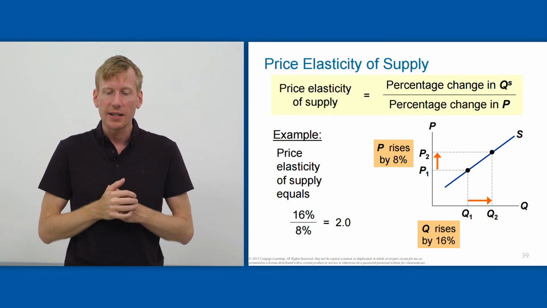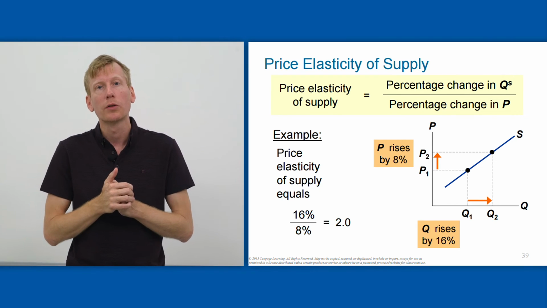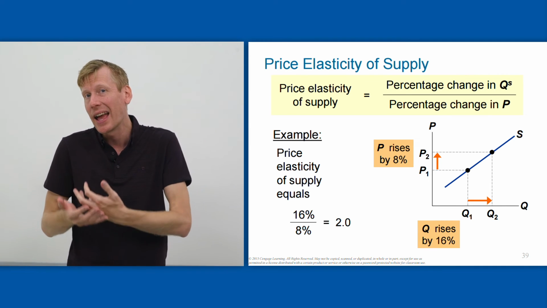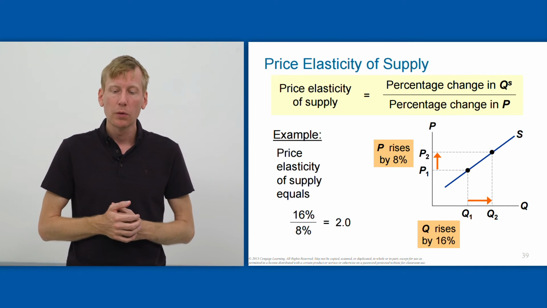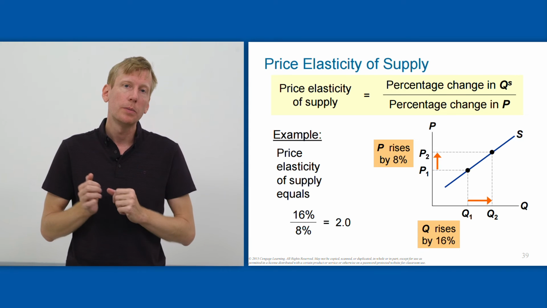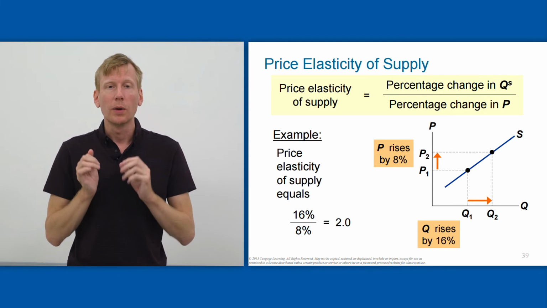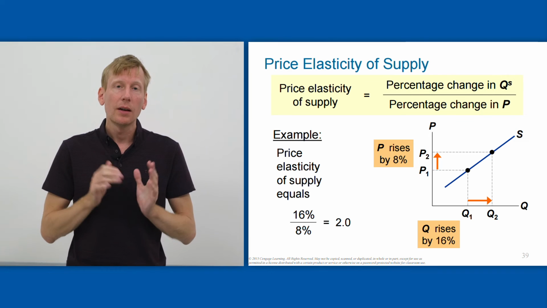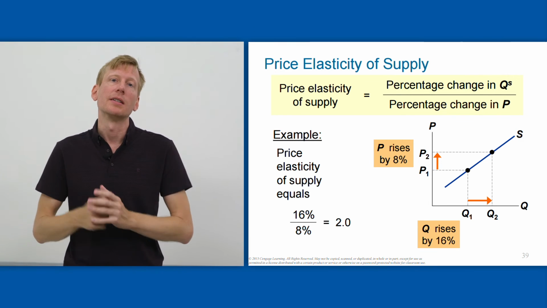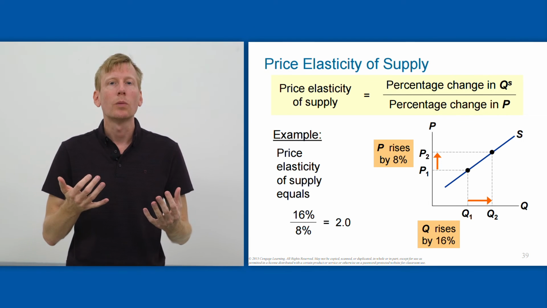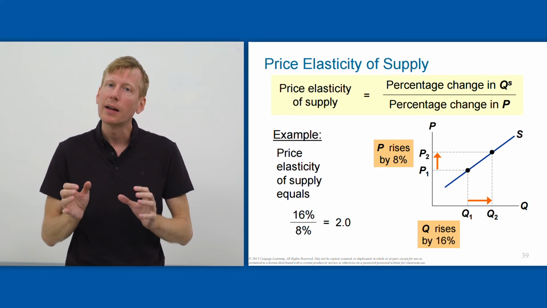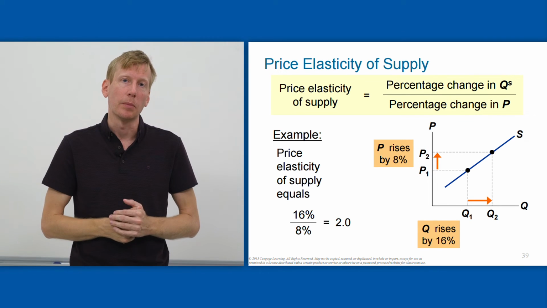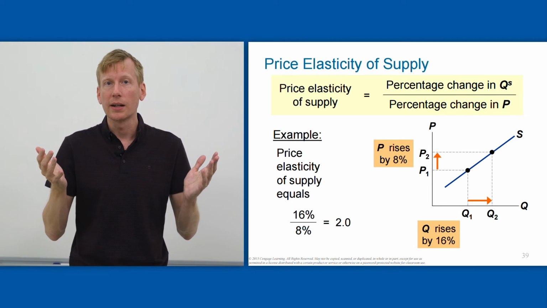As you can see in this example, as we move from point 1 to point 2, we increase both price and quantity, moving from P1Q1 to P2Q2. We have a 16% increase in quantity with an 8% increase in price, giving us an own price elasticity of supply of 2.